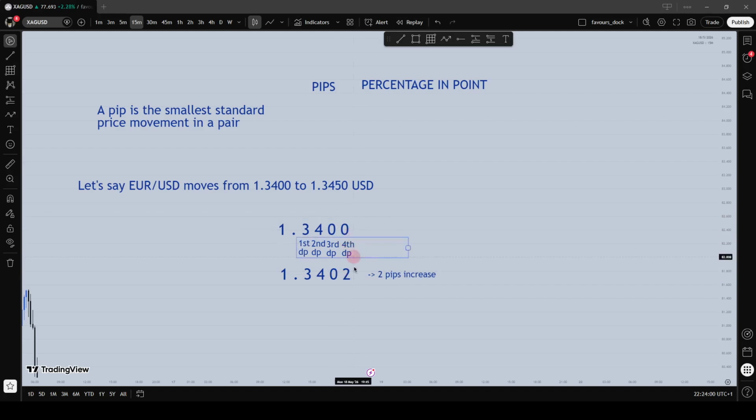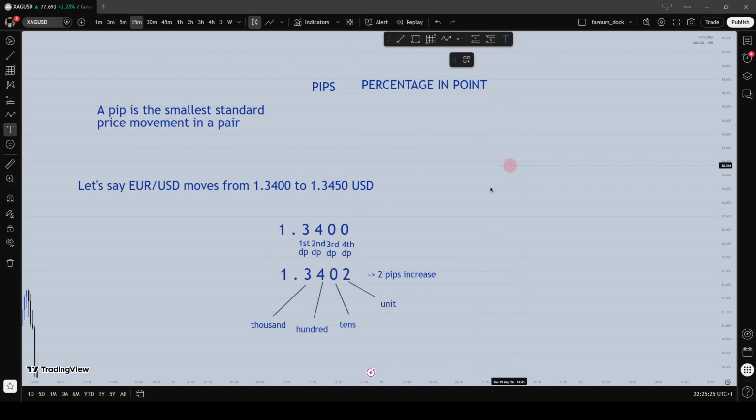Since you're starting from the fourth decimal place, it is from here that you start counting, like your 0, so this is your tens.